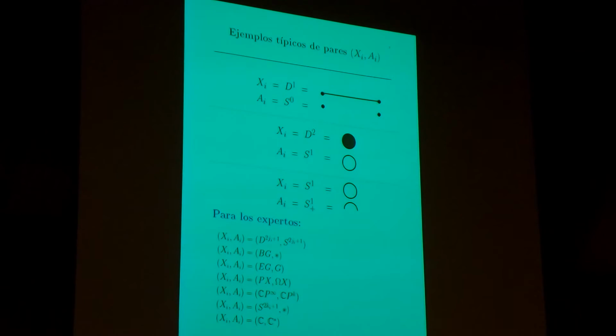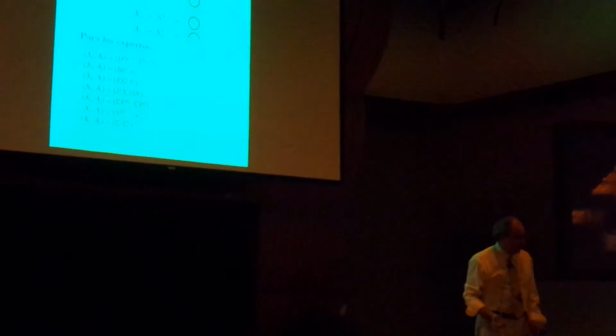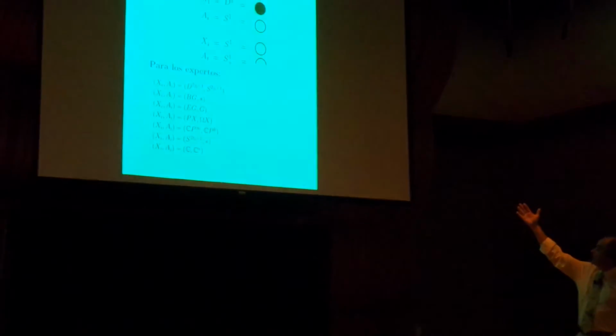Okay, so now I have told you the definition of a Cartesian product, a geometric object in our world, and a simplicial complex, a combinatorial object, and I have given you some examples of the geometric objects, the pairs of spaces. These pairs of spaces are going to be related to the Cartesian product.